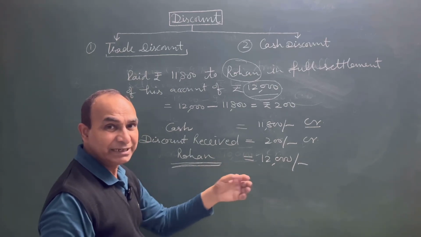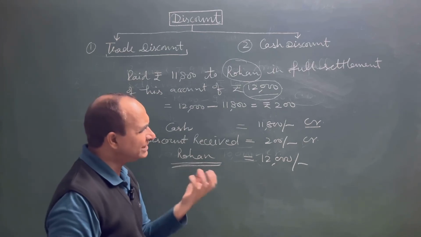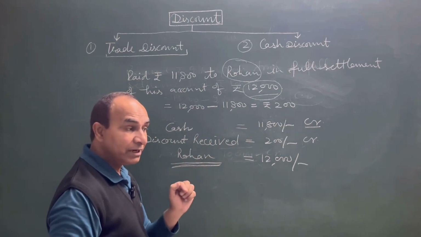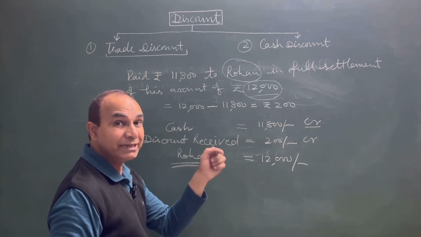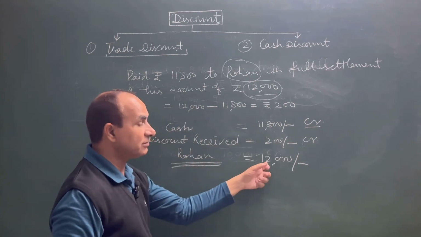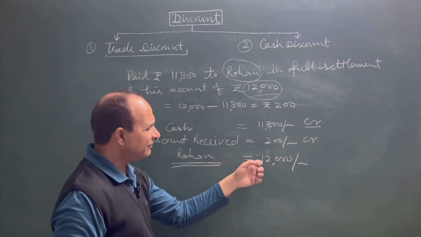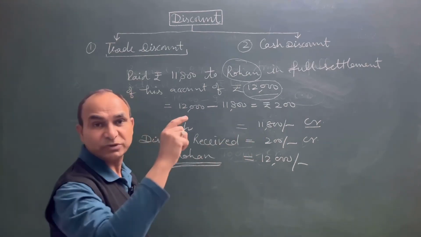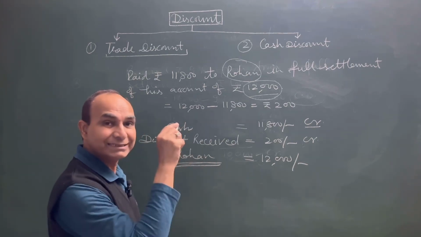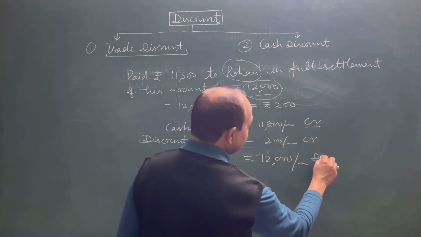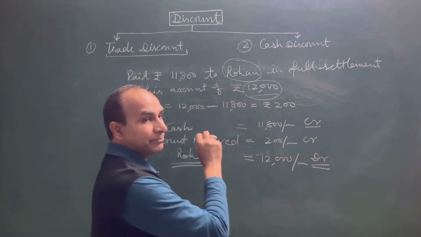Debit the receiver. He is receiving the amount. Now you will say he is receiving only 11,800. No, we are paying 11,800 in full settlement of 12,000. It means by paying 11,800, we settled his account for rupees 12,000. His account will be cancelled, written off by 12,000 rupees. That's why debit the receiver, his account will be debited.